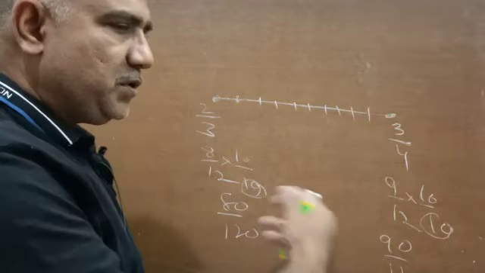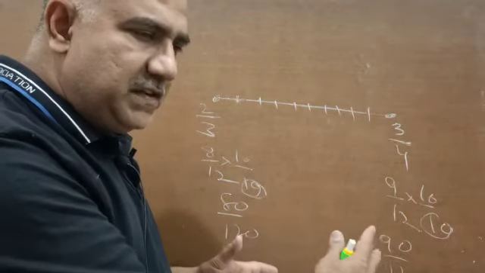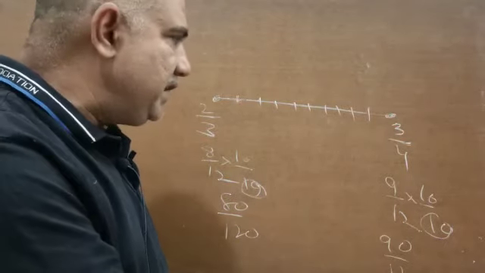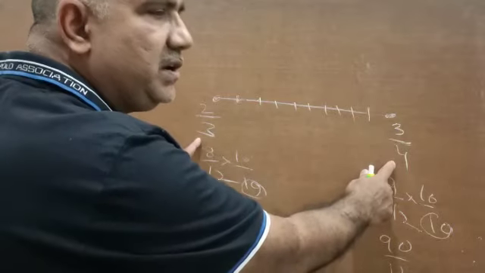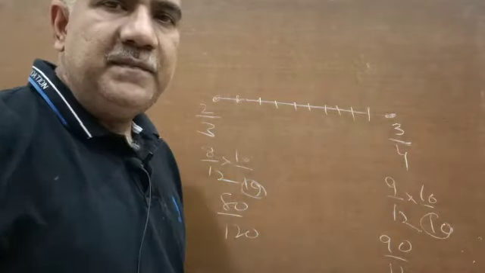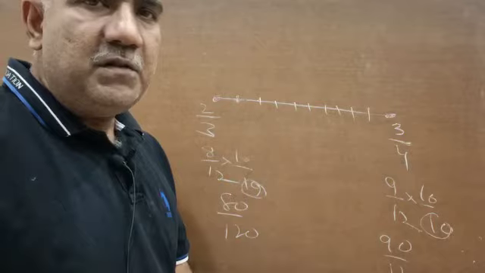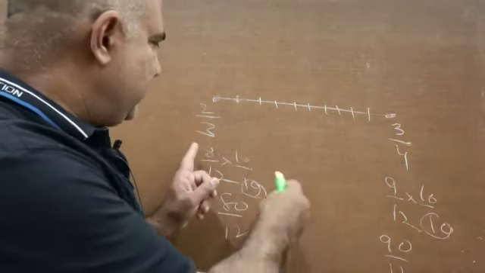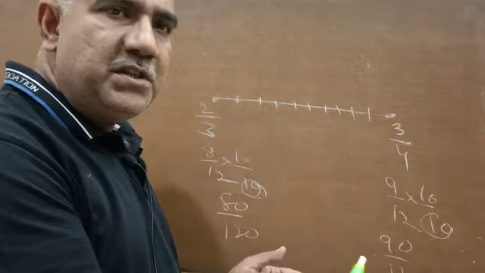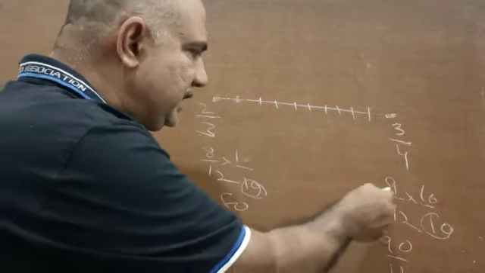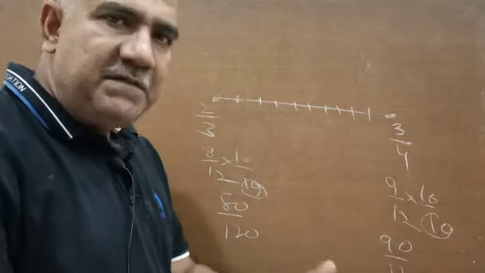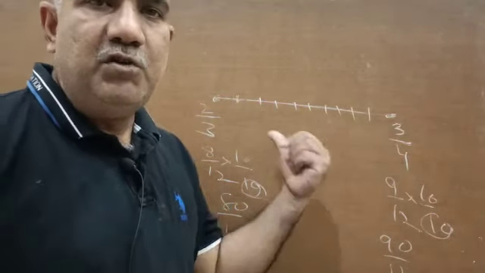So this was the procedure of inserting rational numbers between two given rational numbers whose denominators were not equal. Denominators were not equal, so we first made them equal by taking the LCM of 3 and 4, so it was ensured that this is written as 8 by 12 and that as 9 by 12. Thereafter we see the requirement, how many numbers we want to accommodate.